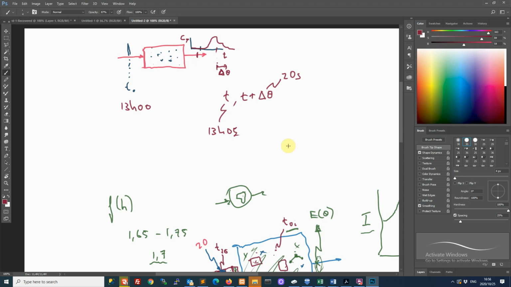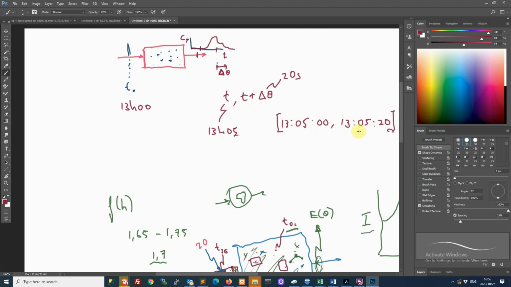So we are interested in tracer that has exited from that reactor between 13:05:00 and 13:05:20.